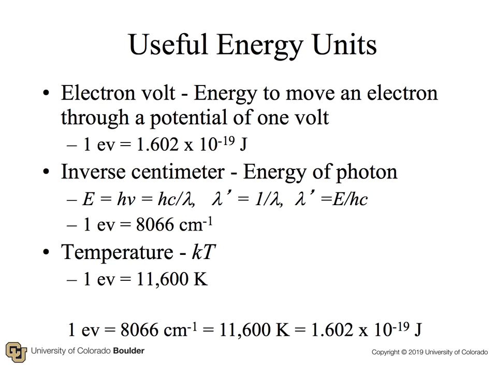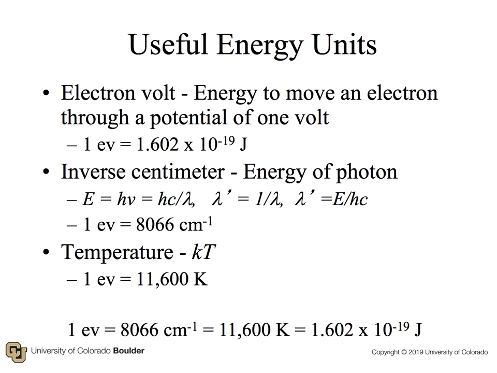So some useful energy units. We've thrown around some of these before. It is often the case that an electron volt is a useful unit of energy. It's the energy to move an electron through a potential of 1 volt, or 1.602 times 10 to the minus 19 joules. We talk about inverse centimeters.